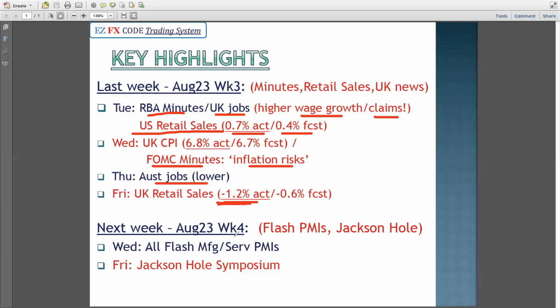And this coming week, there's only a couple of major news with the flash PMIs from all the major economies. And culminating with the Friday and the weekend with the Jackson Hole Symposium, where there'll be a number of speeches from the central bankers as well.